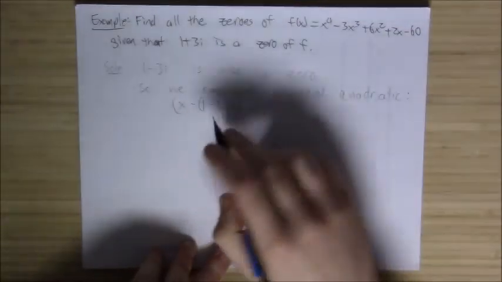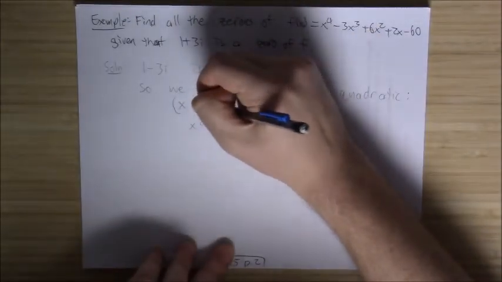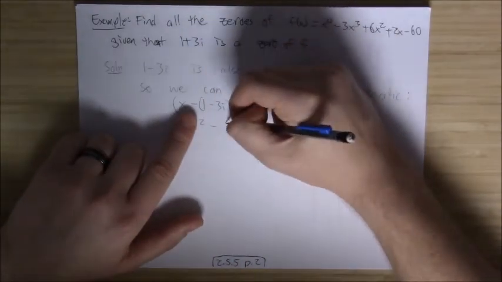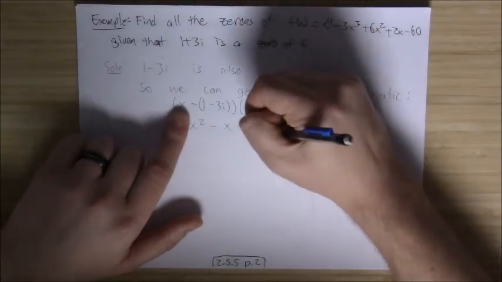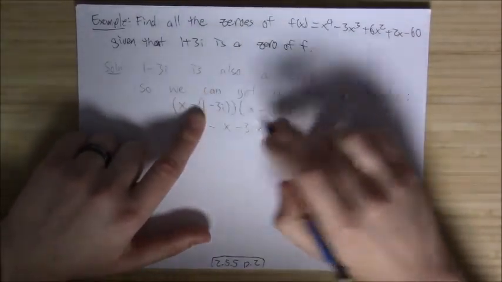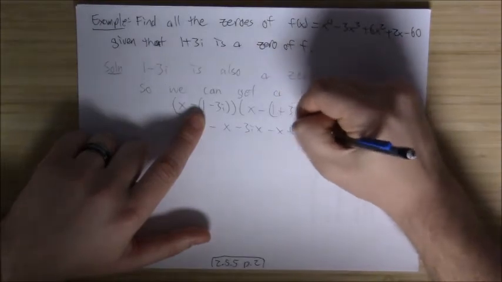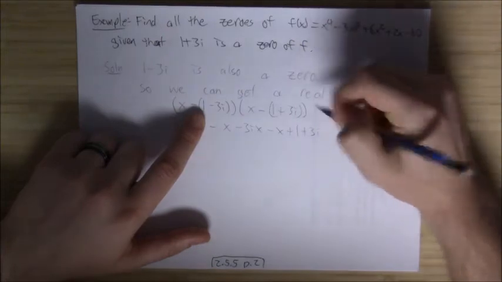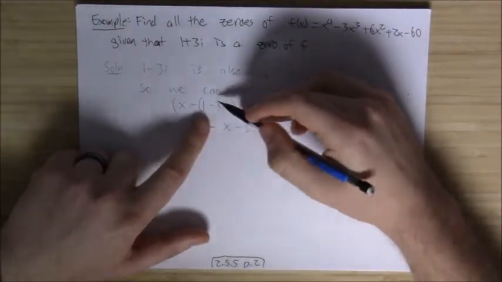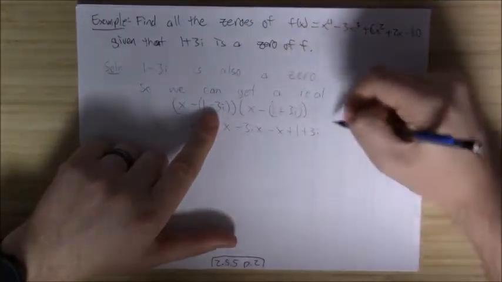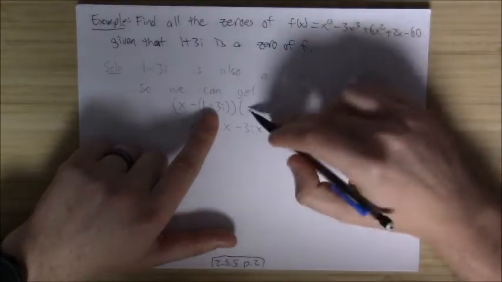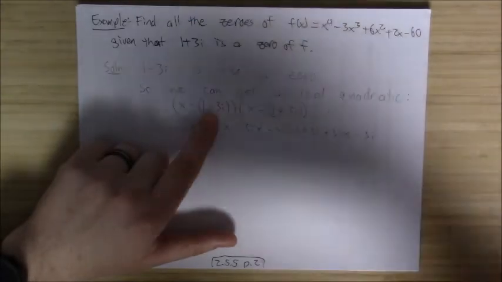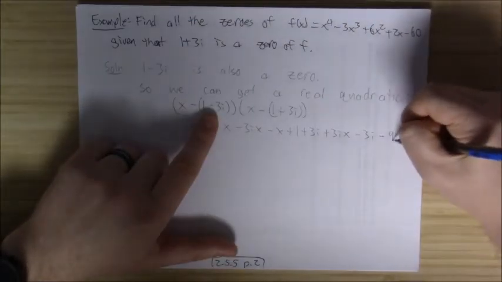We're going to put these together to get a quadratic. Multiplying out, we would have x squared minus x minus 3ix. Then we have minus x plus 1, negative 3i times negative 1 is plus 3i, and then plus 3ix minus 3i times 3i, which would be negative 9i squared.